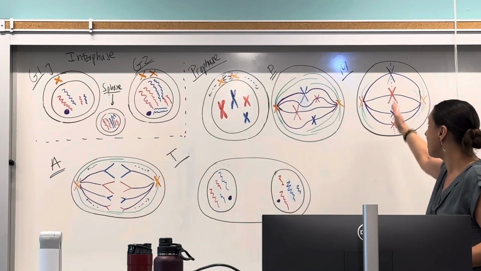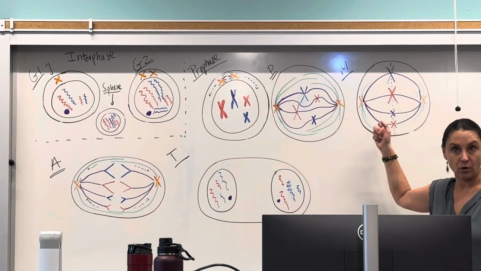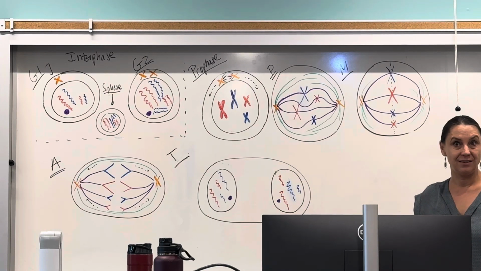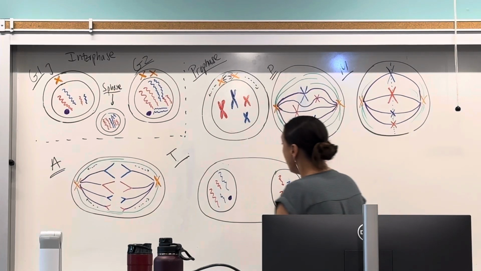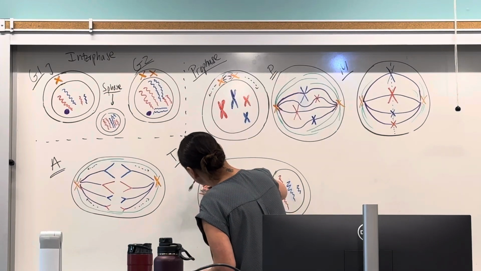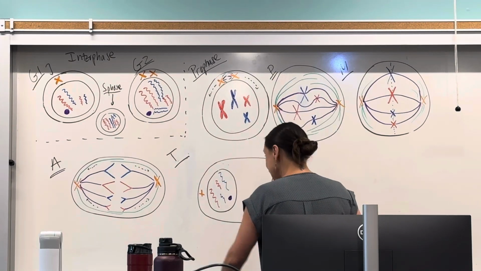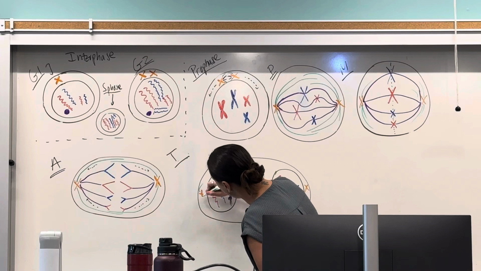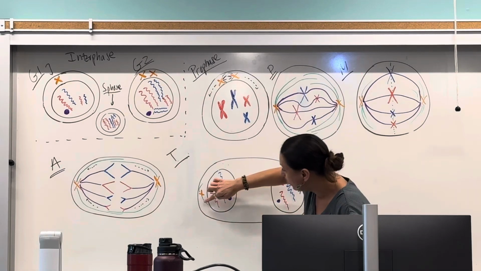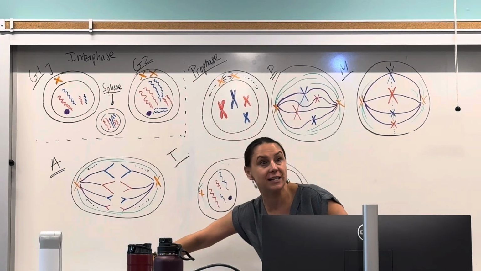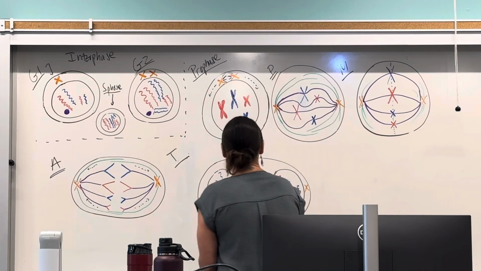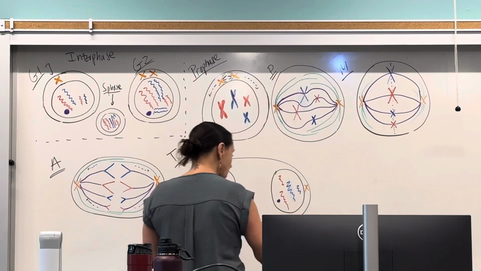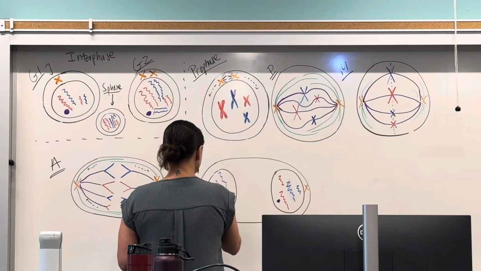So that was the job of the mitotic spindle, right? And the kinetochore microtubules. Do we need them still? We don't need the mitotic spindle anymore, right? So do you still need the centrioles? Yes, you still need the centrioles, but what disappears, let me just do a polar microtubule, what disappears is the mitotic spindle. Remember, you formed the mitotic spindle here in early prophase, now you disappear it.